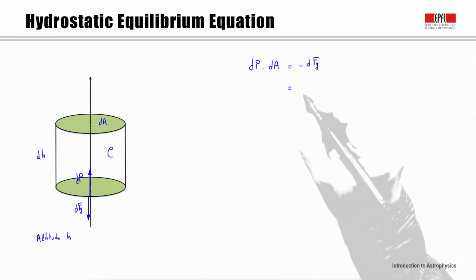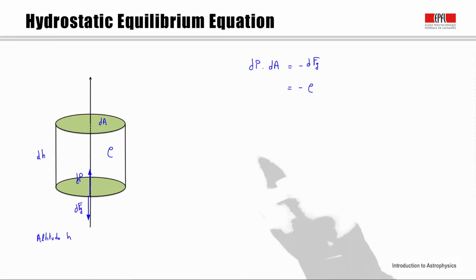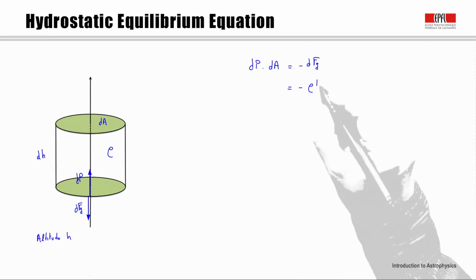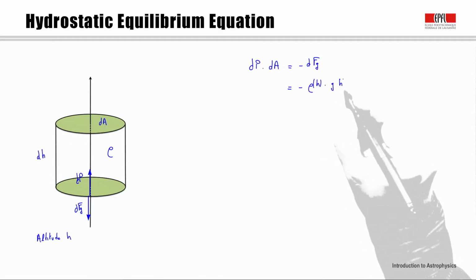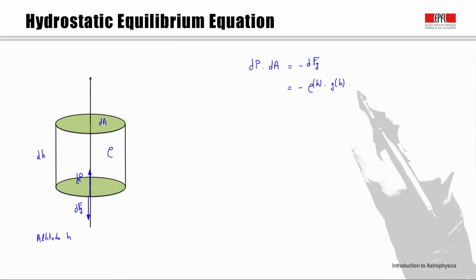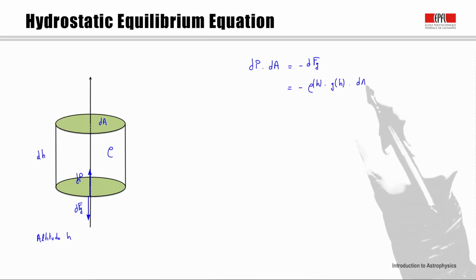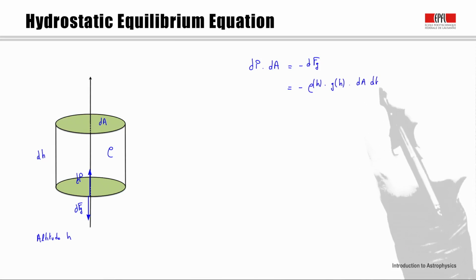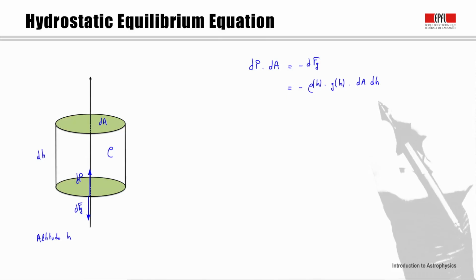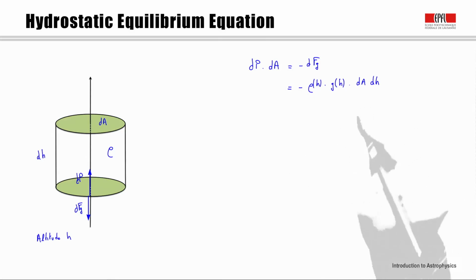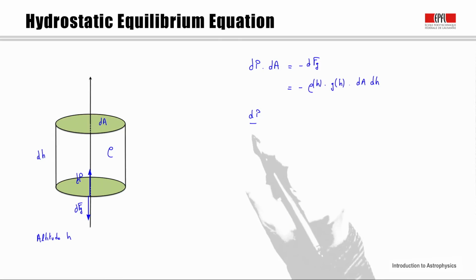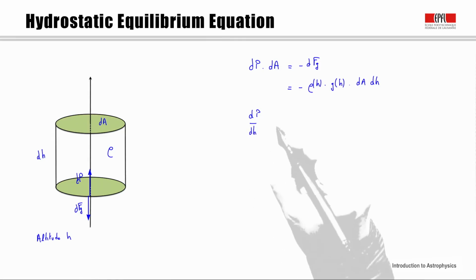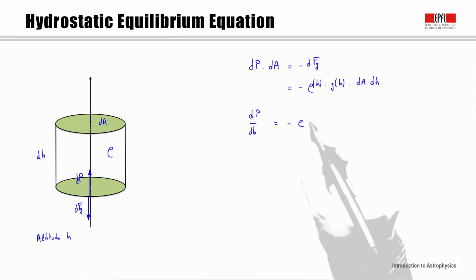The gravitational force is, of course, the mass of the volume element, that is the density, which depends on the altitude, times the gravitational field, which can also depend on the altitude, times the volume of our small cylinder, dA dh. We see that dA vanishes, and we can then rewrite this equation in this form: dP divided by dh equals minus rho(h) times g(h).